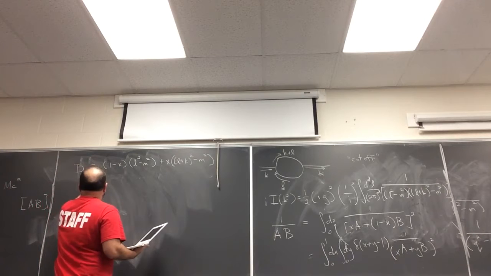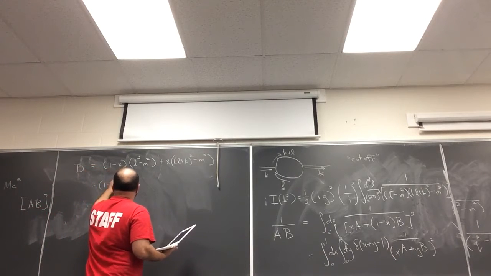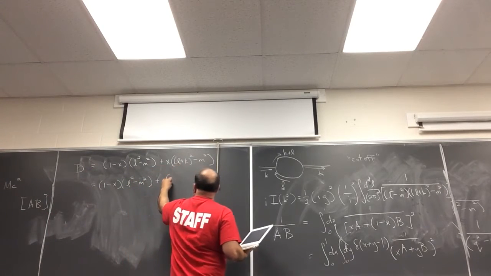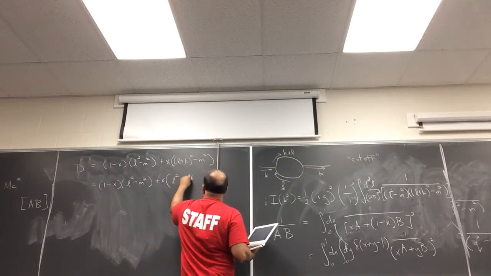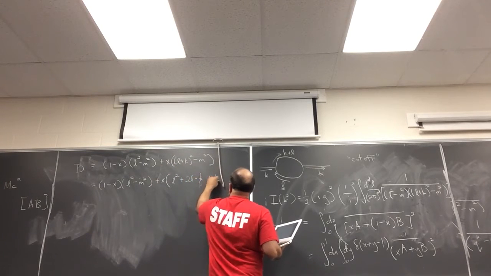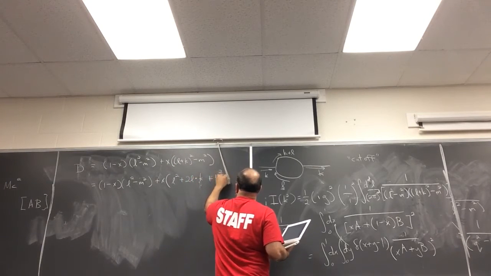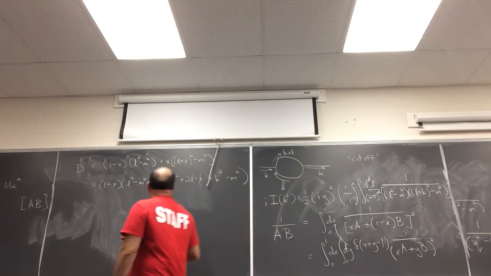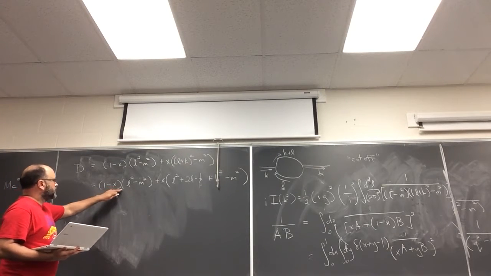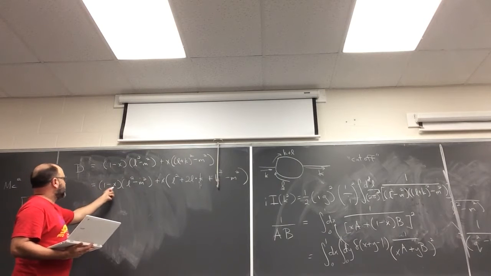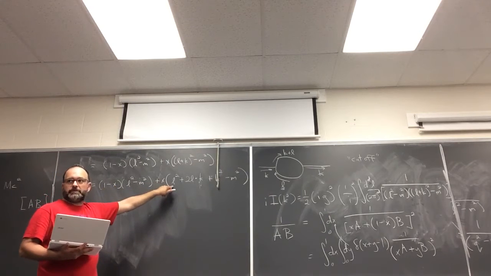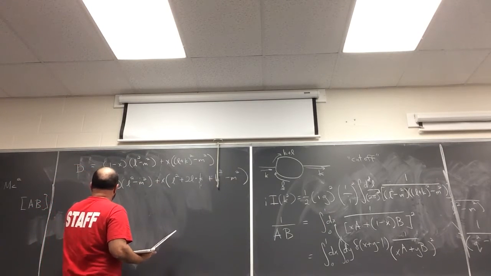Let me carry out that square: L squared minus m squared, plus x times (L squared plus 2L dot k plus k squared minus m squared). Remember, these are four-momenta, so it's a dot product. Now let me group factors of L. The minus x here is going to cancel off that part, so I'm going to end up with L squared.